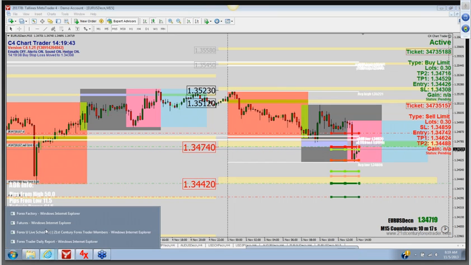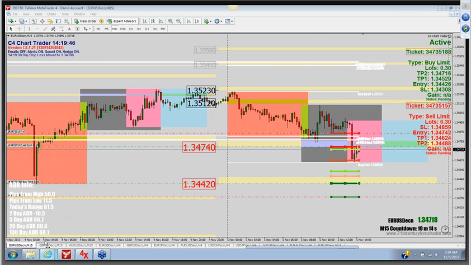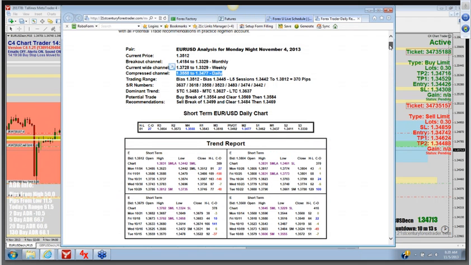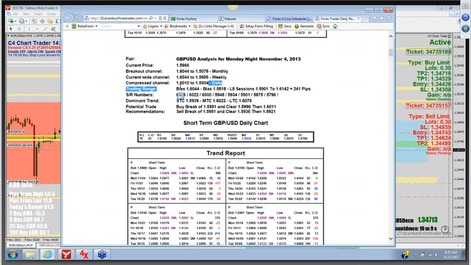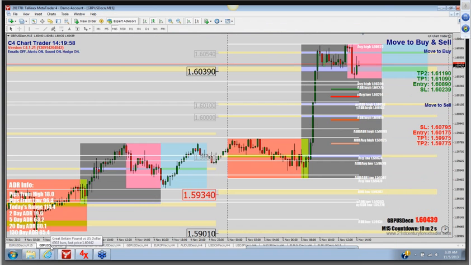And first stop is our channel information right over here, daily report. And what we're seeing here is that we have a channel bottom for the pound. Well, I guess we need to see what the actual price is. We're able to see that price is currently trading at 60.44.